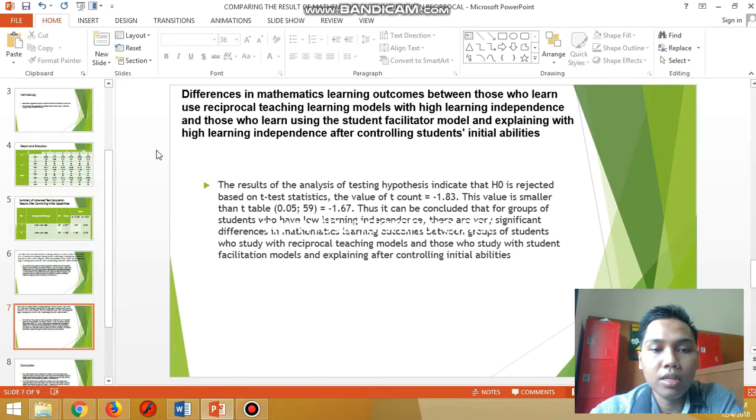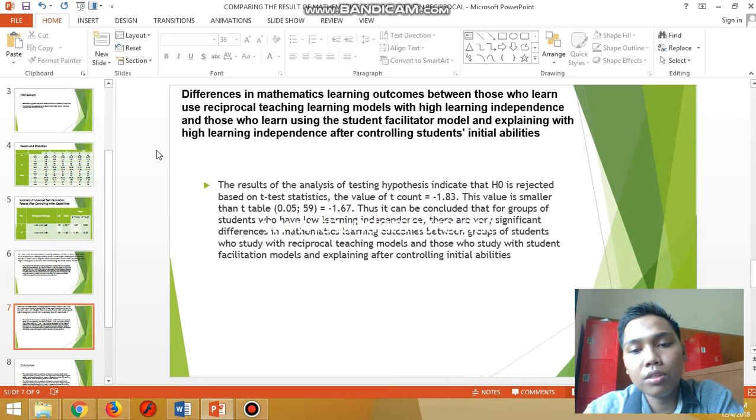The result of the analysis of hypothesis testing indicates that H0 is rejected based on the t-test statistic. The value of t-count equals 1.83. This value is smaller than the table, 0.0559 equal to 1.67.